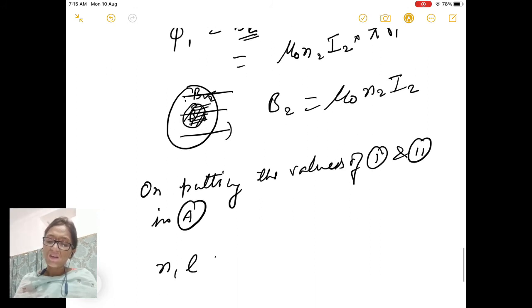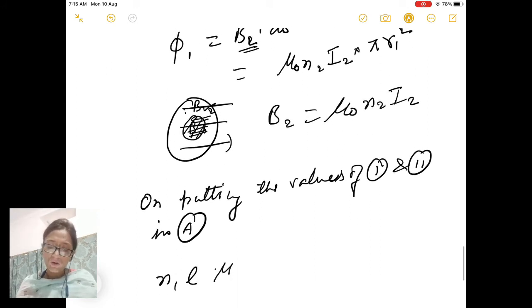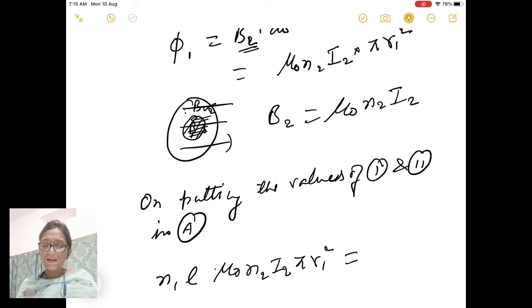So flux is mu naught N2 I2 into pi R1 square, and this must be equal to the mutual inductance in 1 due to 2 into current I2.